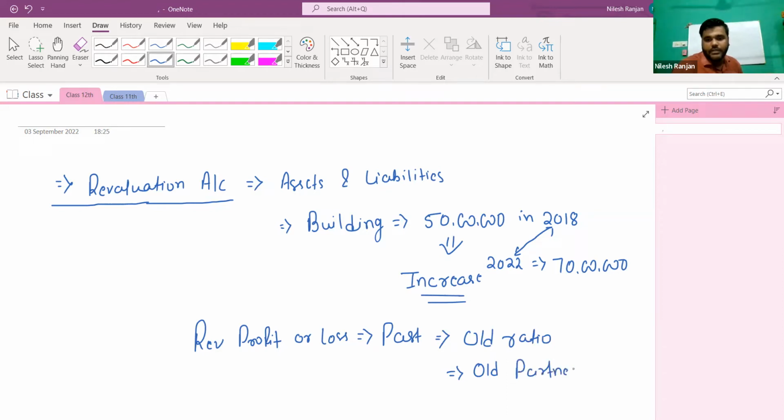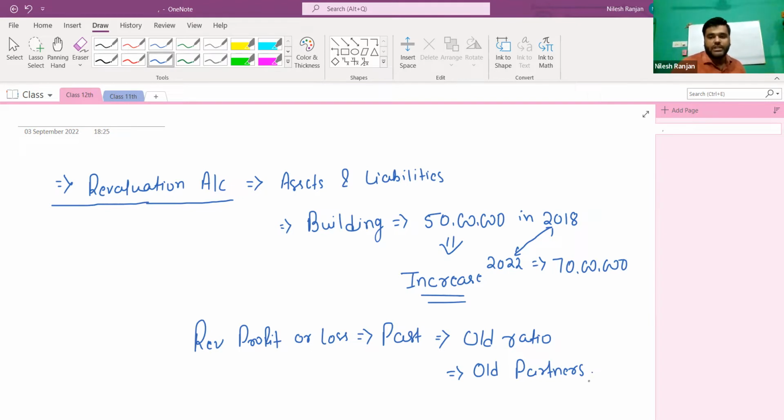But there is a but: if question asks you to not distribute that profit or loss, then you can't distribute it in old partners in old ratio. And why will question tell you that? Sometimes question says that you have to show the assets and liability at their old value, that is original value. Then you cannot change the value of assets and liabilities. And sometimes question says that you can change the value of assets and liabilities. Then you can show the assets and liabilities at a revised value, that is after revaluation.